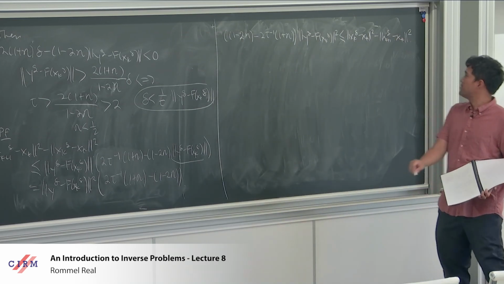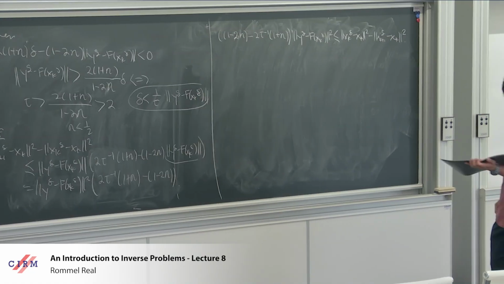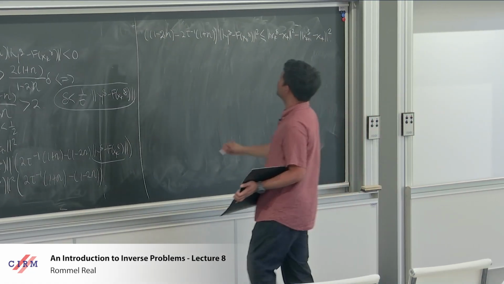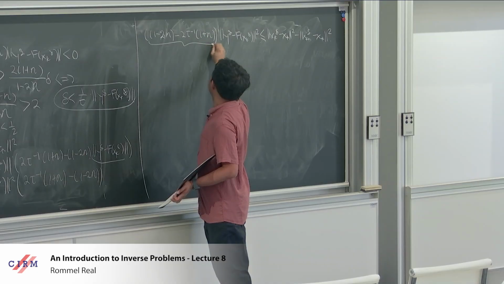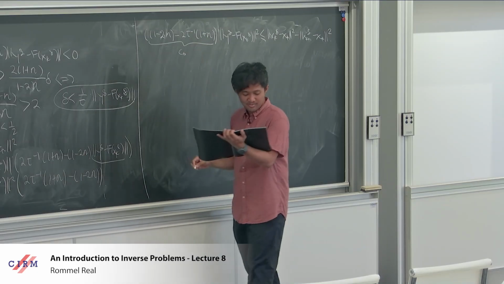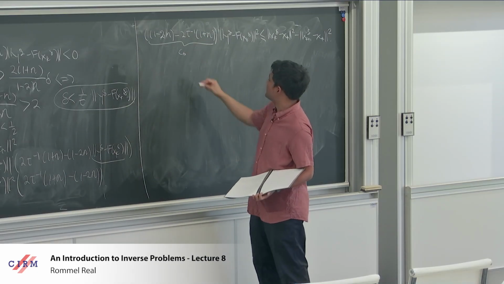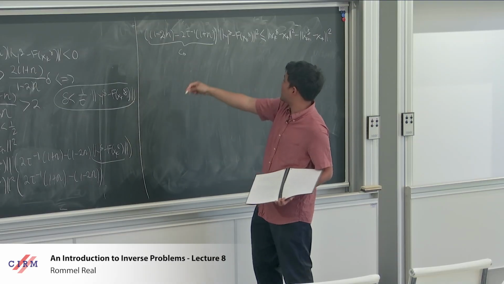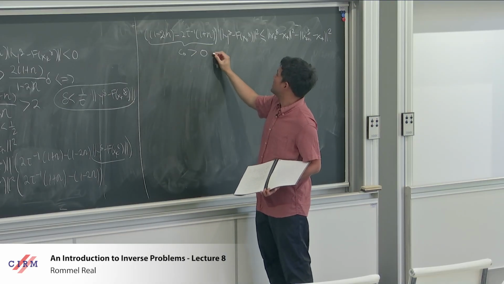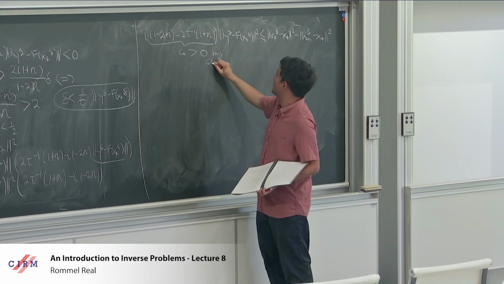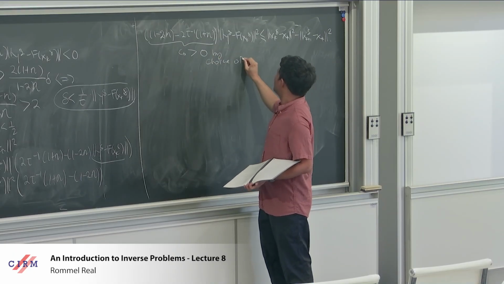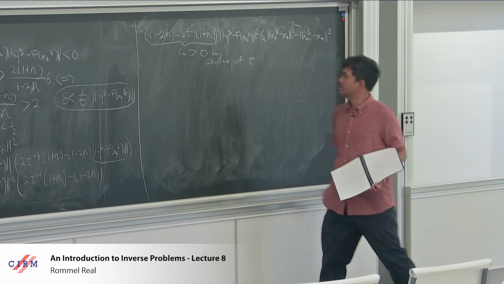Then we let this constant here be C sub 0, and by our choice of tau, we know that this is greater than 0.